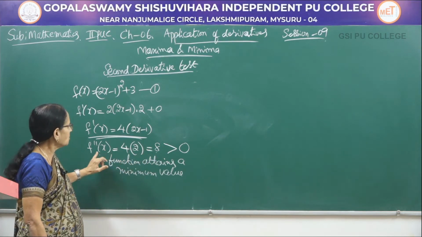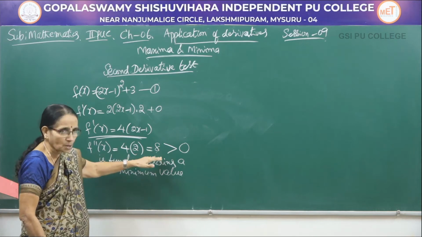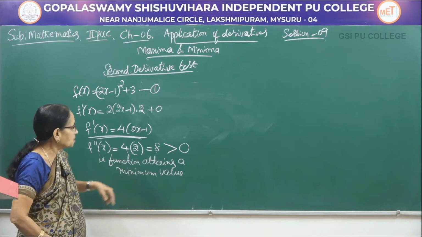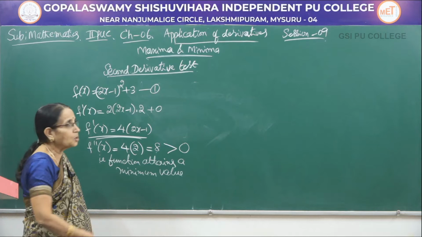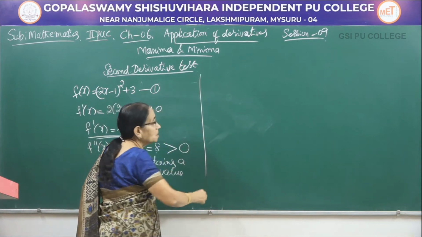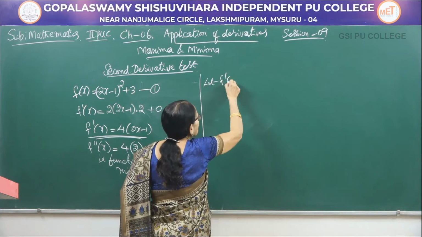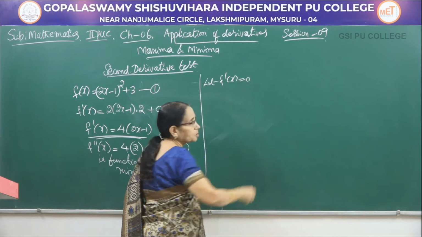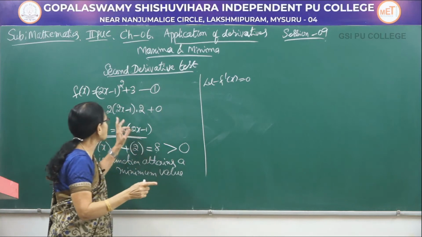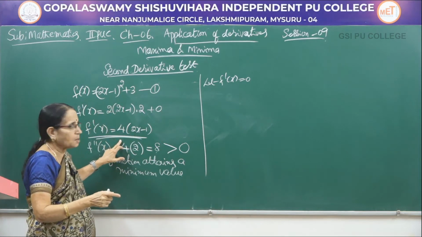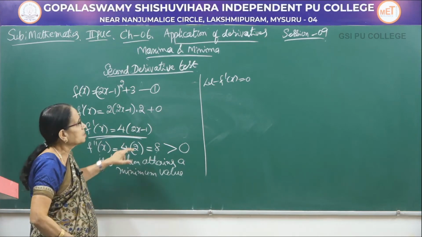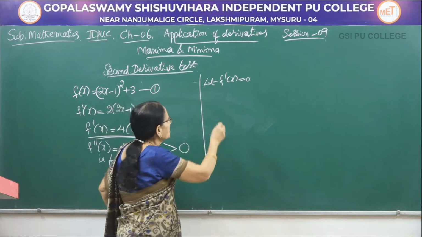So at present we got the value directly, it is a positive number, which means the function attains a minimum value. To know the critical point, or which is the minimum point, always you have to equate the first derivative to 0. So as soon as the function is given, find the first derivative, find the second derivative, then equate the first derivative to 0.